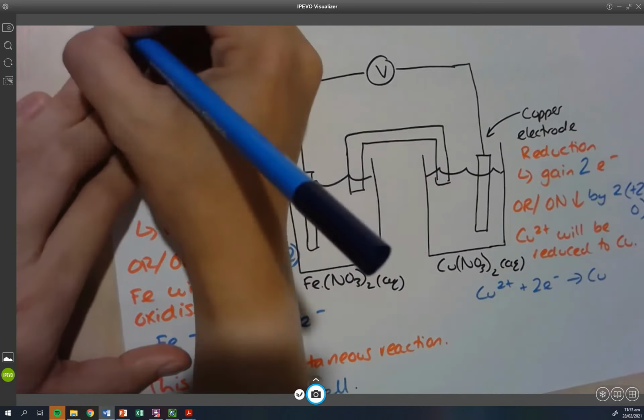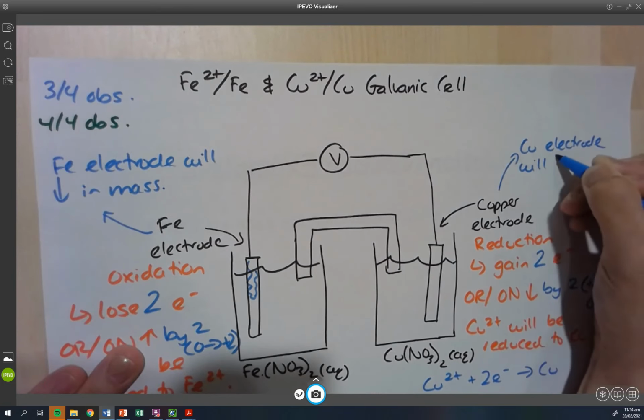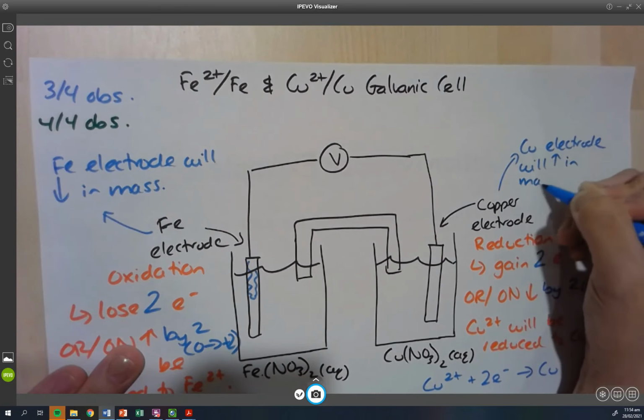When it comes to the copper electrode, I would be stating that the copper electrode will increase in mass. We can annotate this by just showing that my electrode's getting bigger. So those are observations with the electrode.